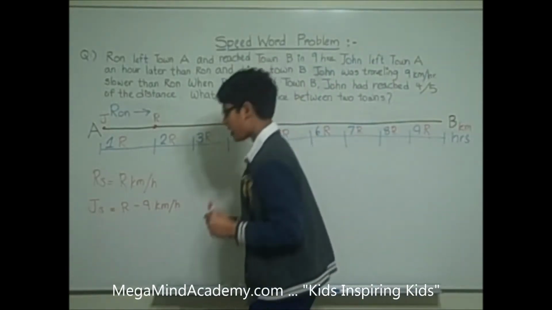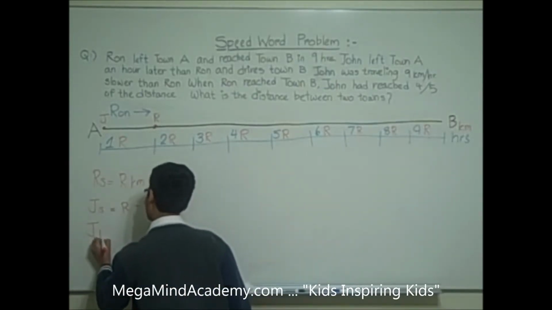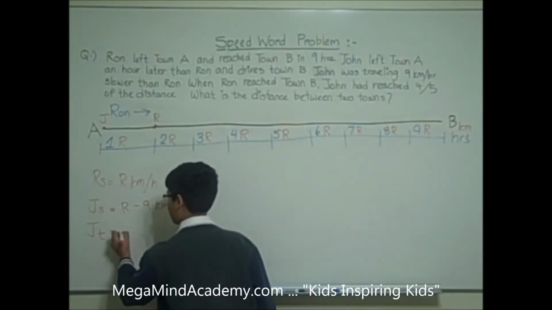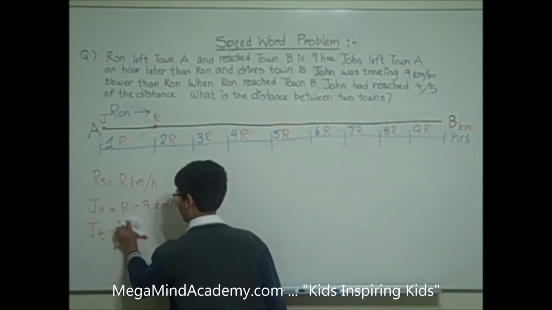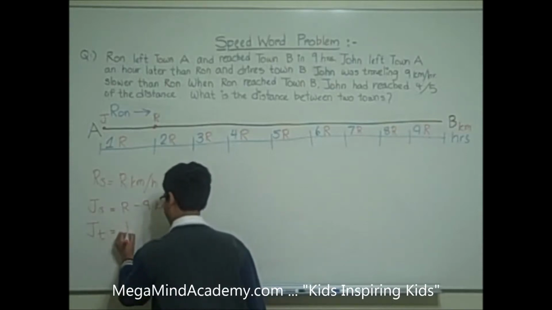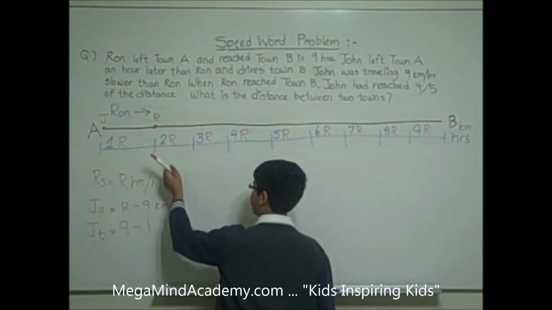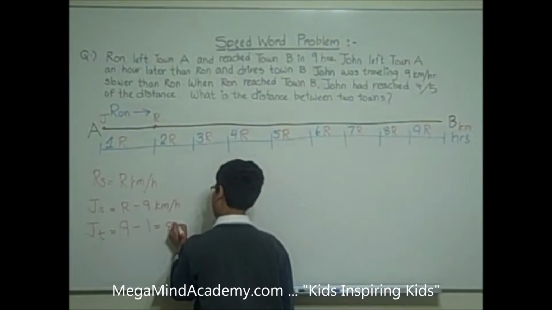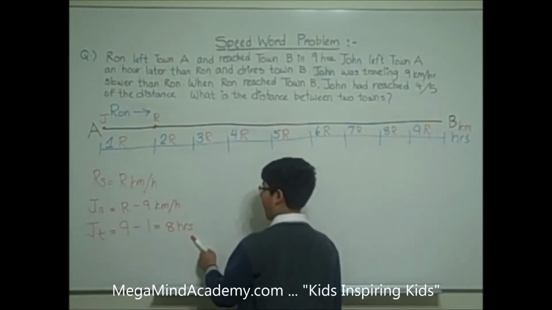So this means that the time that John took to travel is equal to 9 minus 1, because Ron had already traveled for 1 hour, which is equal to 8 hours. So John's time is equal to 8 hours.